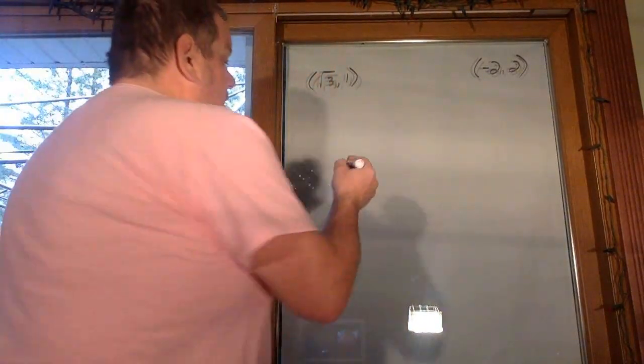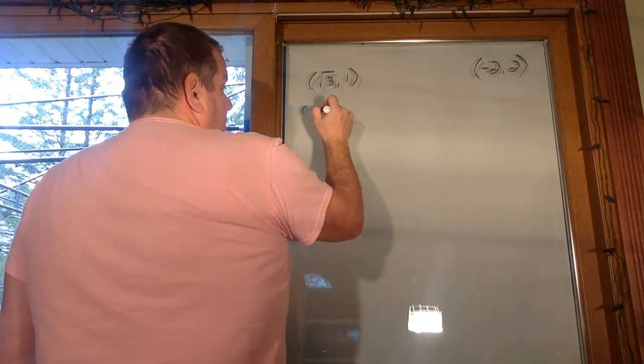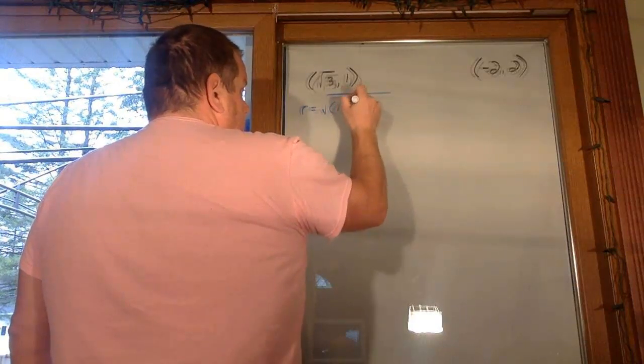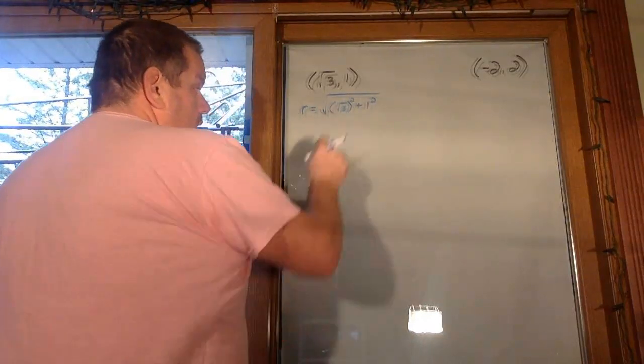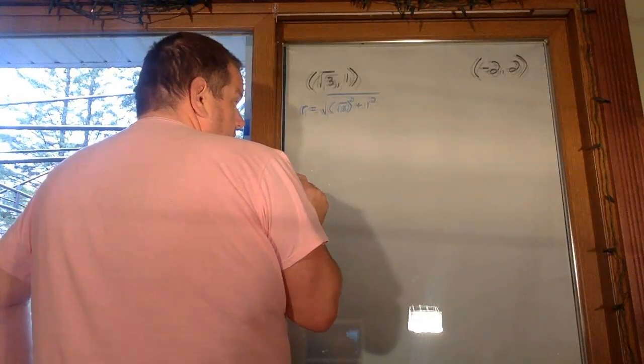So first off, what I need to do is find my r value. Well, that's going to be the square root of 3 squared plus 1 squared. Square root of 3 squared is 3. 1 squared is 1.